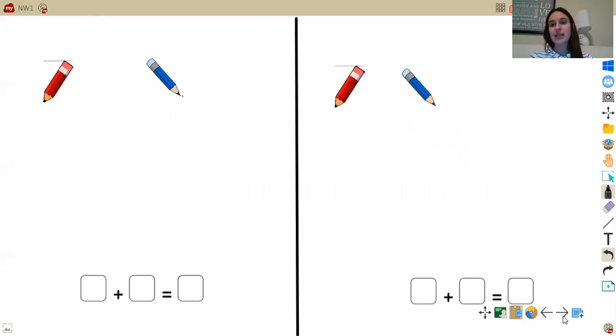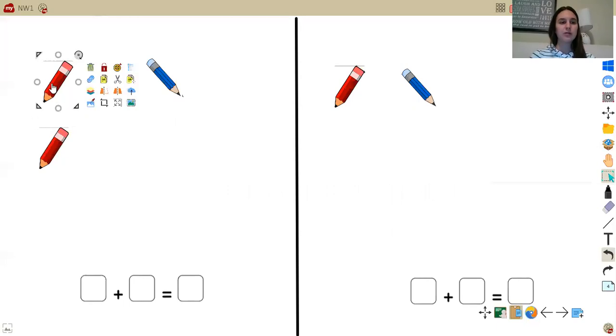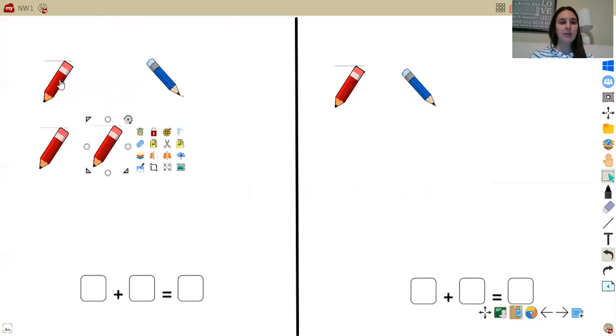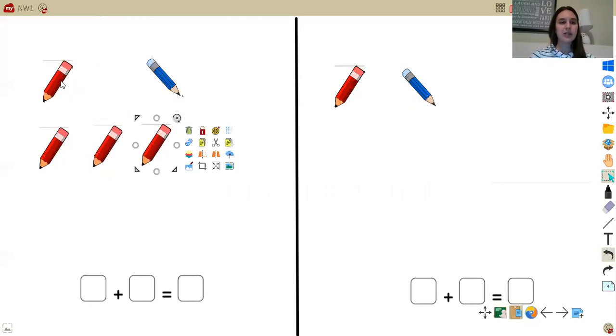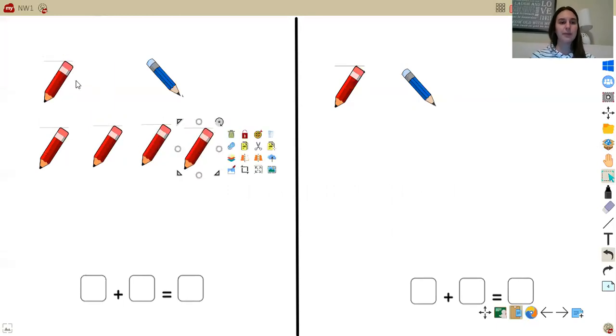So scholars, just like the number 9, there are different ways that you can make the number 10. So I'm going to show you 2 ways to make number 10, and then we will continue to work through our problems. So I have my red pencils and my blue pencils. I'm just going to break them apart so it's easier for me to label.